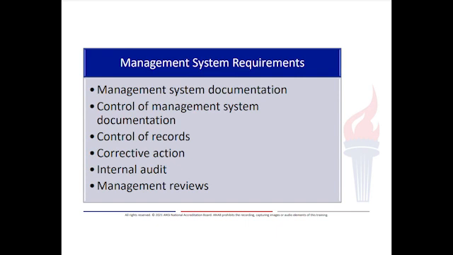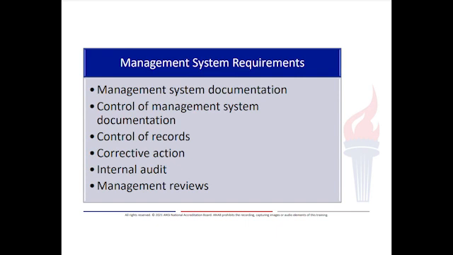Okay. When we look at this, also we talked about management system requirements being common. The documentation of that management system has to be in place. How they control the documentation within that management system. How they control records, records of the testing, records of training, records of the inspection are common. The requirements for corrective actions and handling of corrective actions are similar.